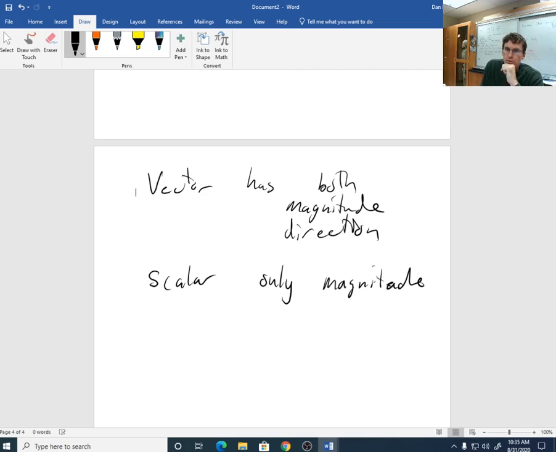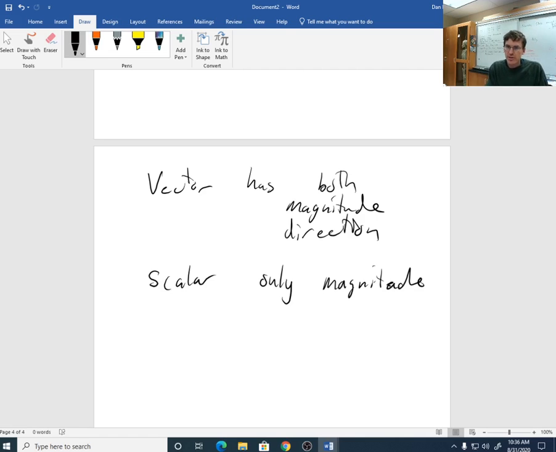Magnitude just refers to the size of a number that is assigned to it, whatever the vector quantity is. You can have many different vector quantities, many different scalar. But magnitude refers to the size of the number or the absolute value of the number.